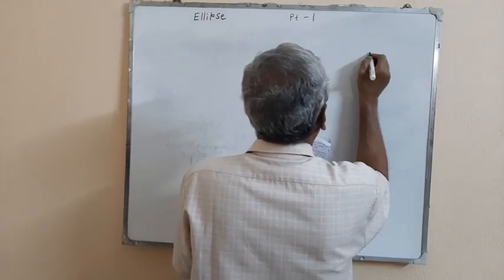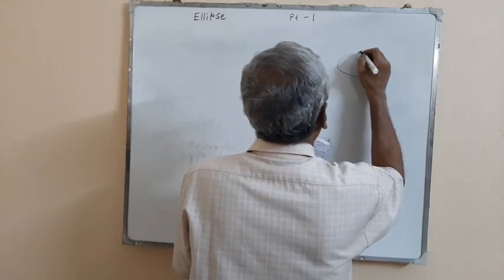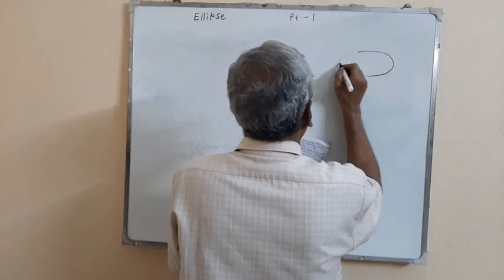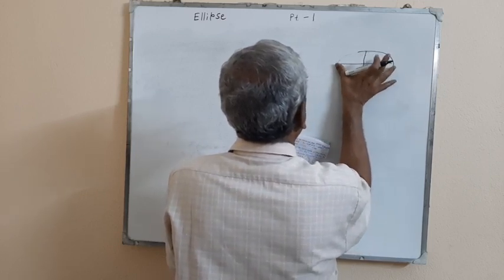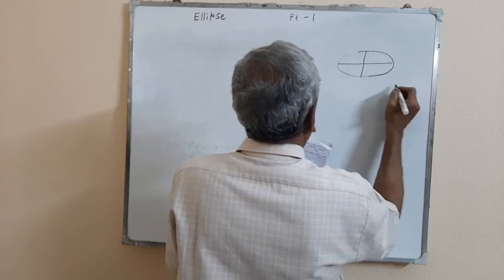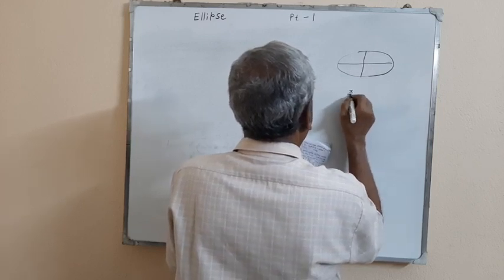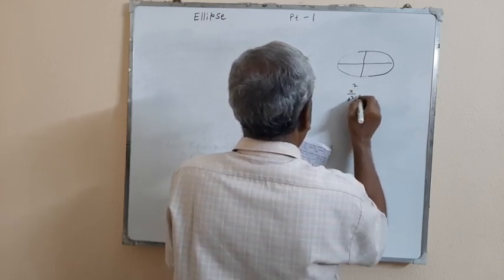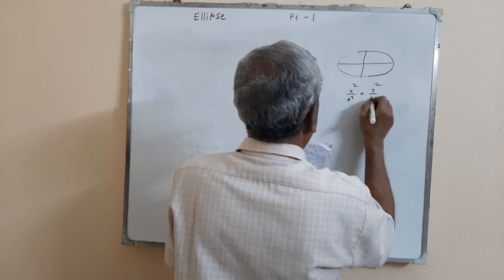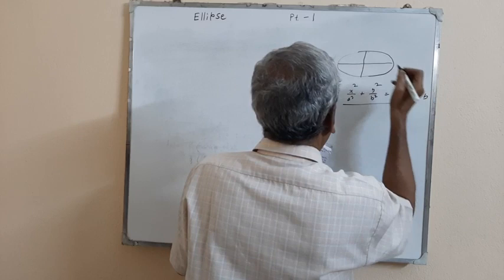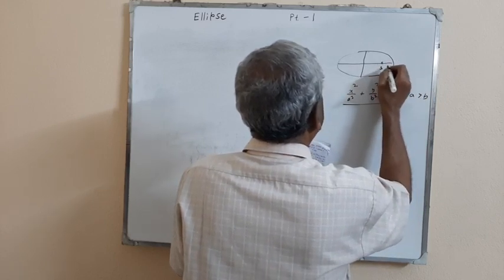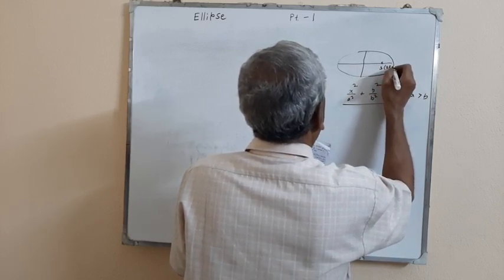What I told you: suppose this is an ellipse. This is 2a, this is 2b. So its equation is x square by a square plus y square by b square is equal to 1, and a is greater than b. Its focus is S, ae comma 0.